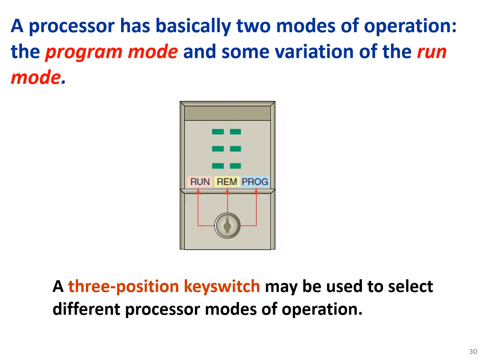Modes of operation. A processor has basically two modes of operation, the program mode and some variation of the run mode. Here you can see program mode, run mode, and remote mode, and we could switch between them. A 3-position key switch may be used to select different processor modes of operation.